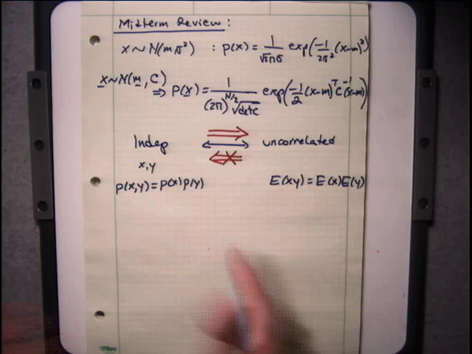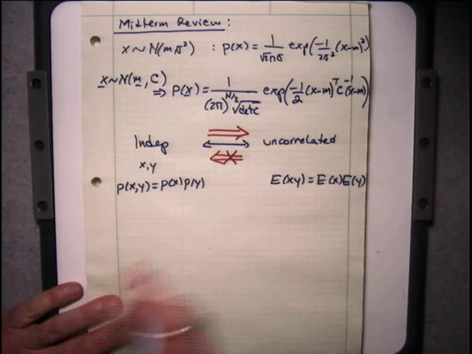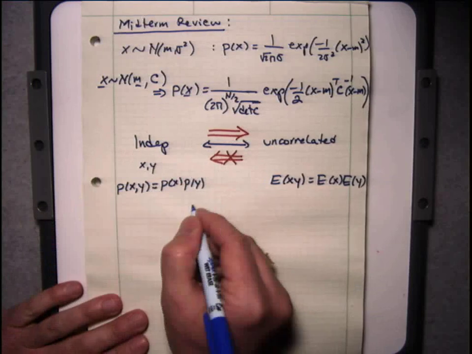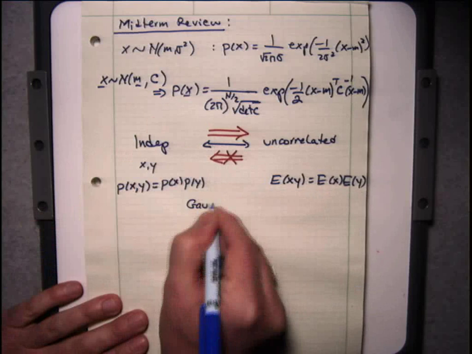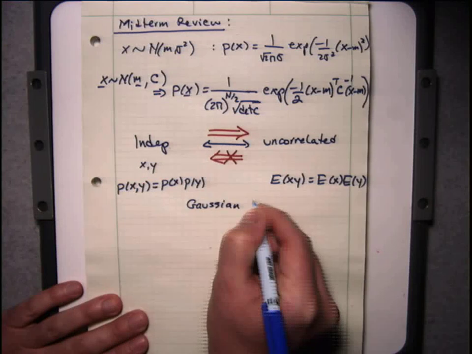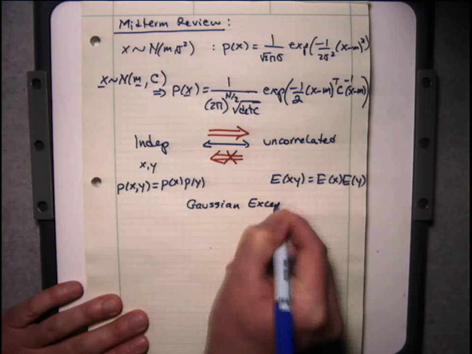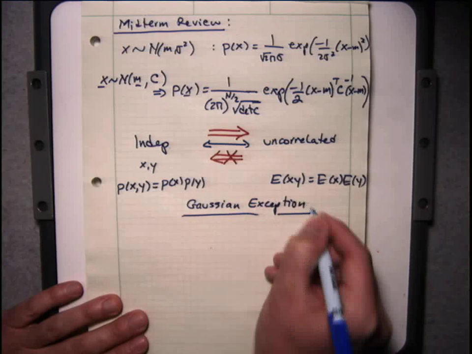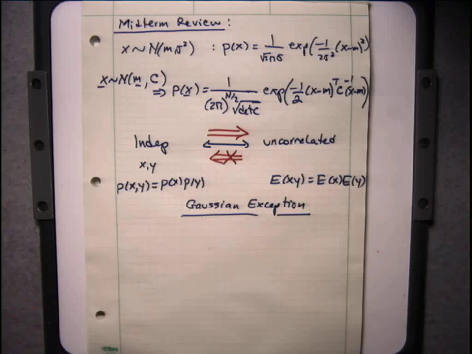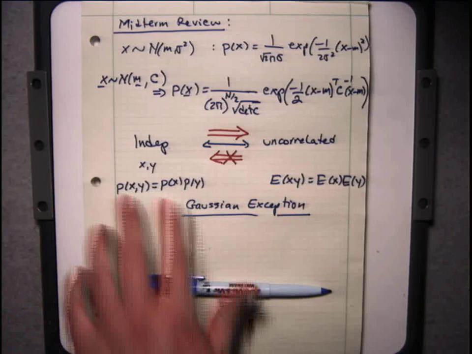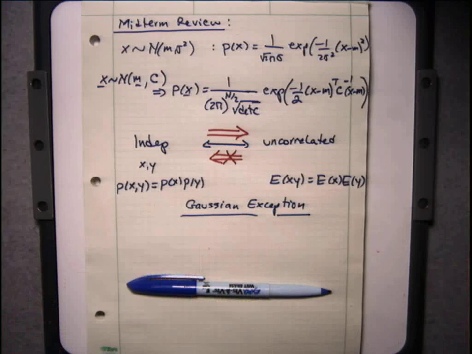Okay? So with all of this in place, we also noted that the Gaussian was the exception. And what that means is that if two random variables are jointly Gaussian and they are uncorrelated, that's exactly the same as them being independent.